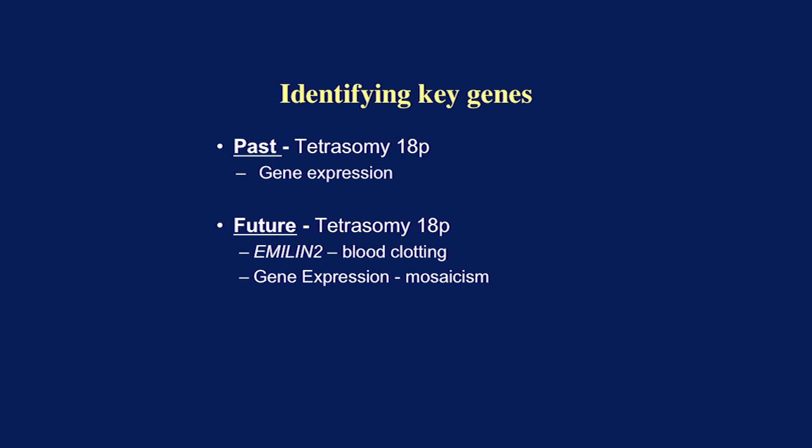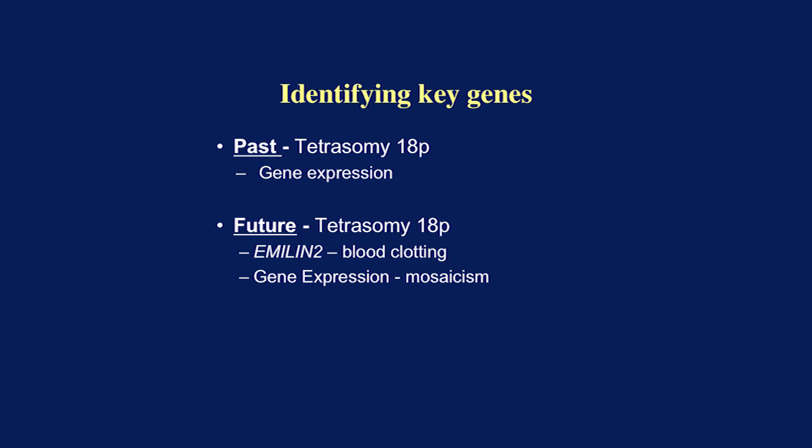Tetrasomy 18p has been a bit more challenging in this regard because everyone has the same duplicated genes. We thought gene expression studies might help identify the genes dysregulated by a duplication. But we found too much variation between different individuals to be able to detect meaningful differences due to the duplication.